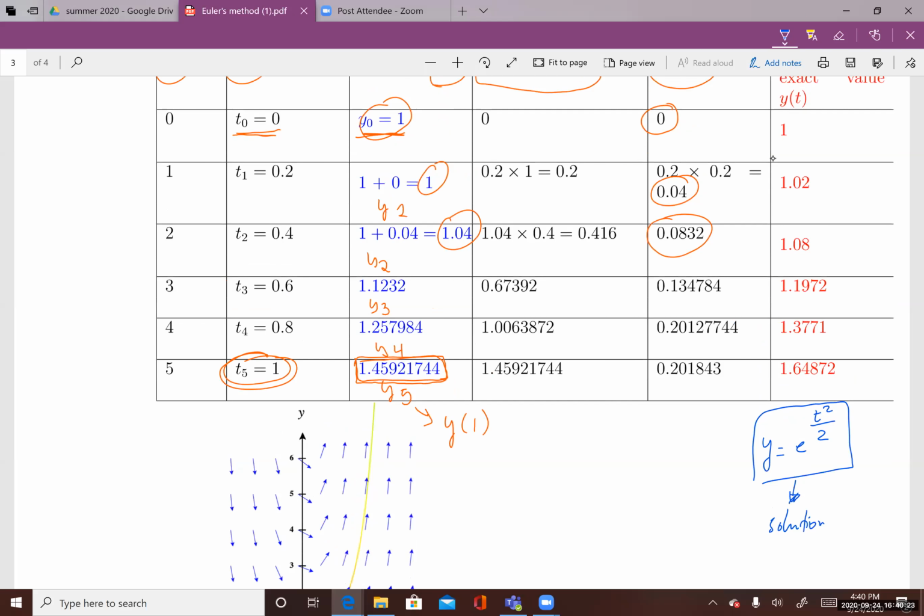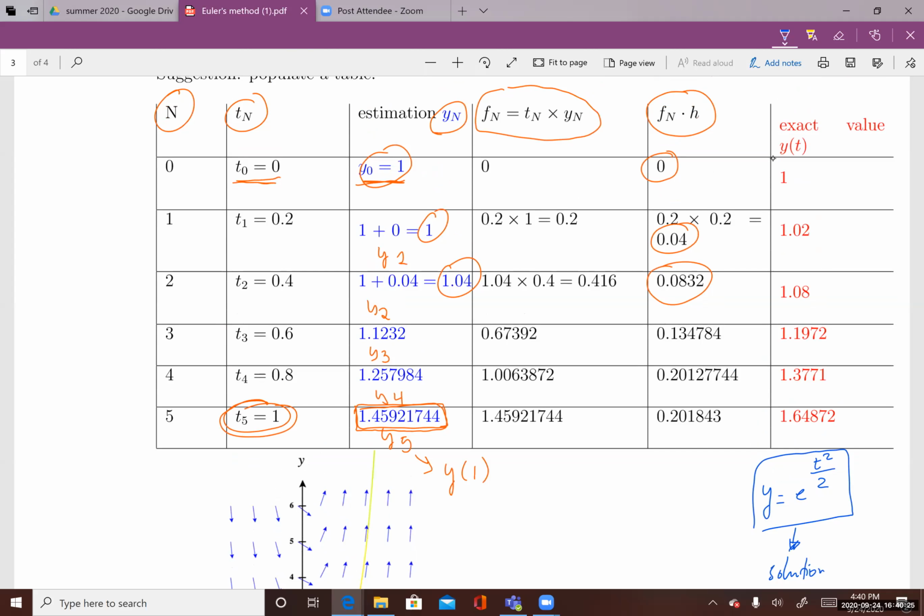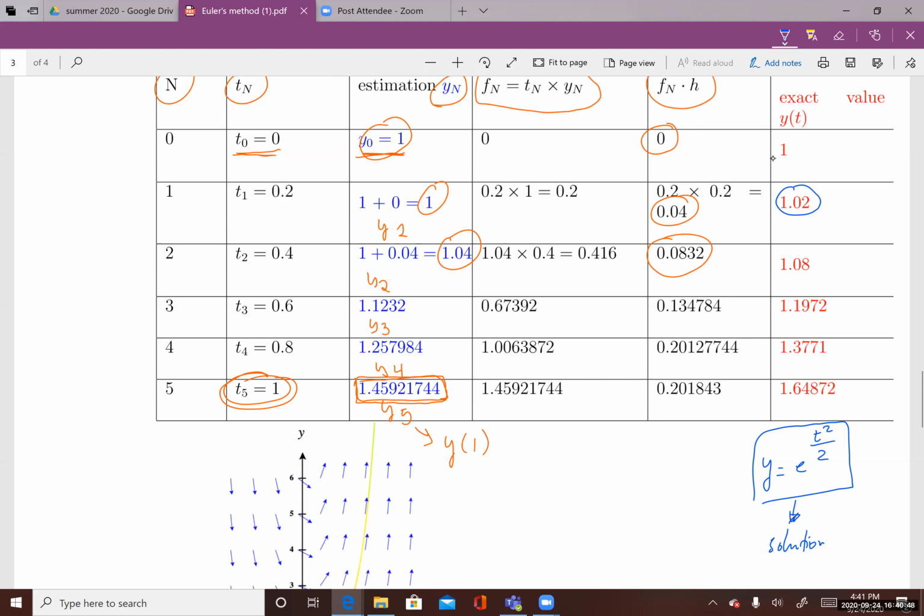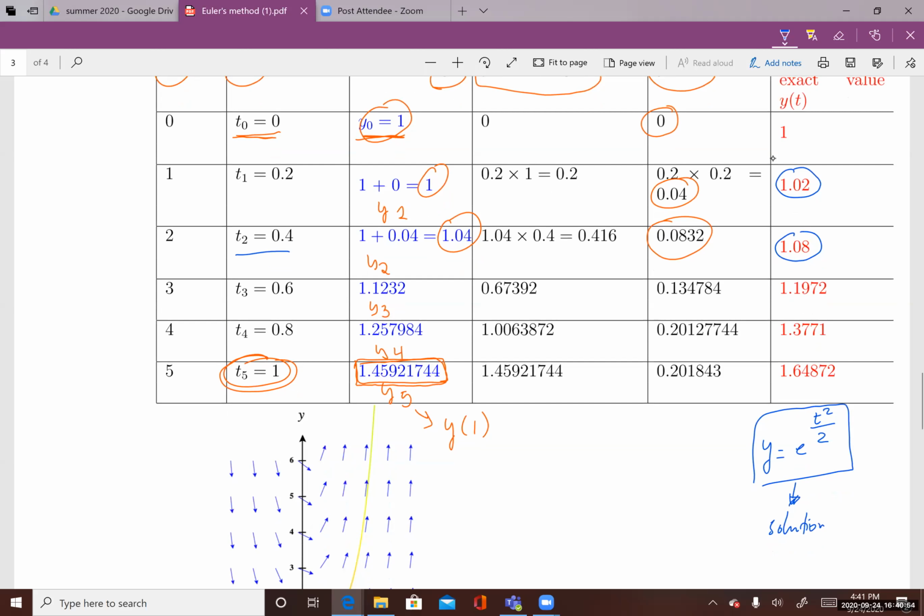Using this solution, I can calculate the exact value of the function at each point of t. So when t equals 0, y0 equals 1. When t equals 0.2, y of 0.2 is 1.02. When t equals 0.4, y of t is 1.08, and so on and so forth.